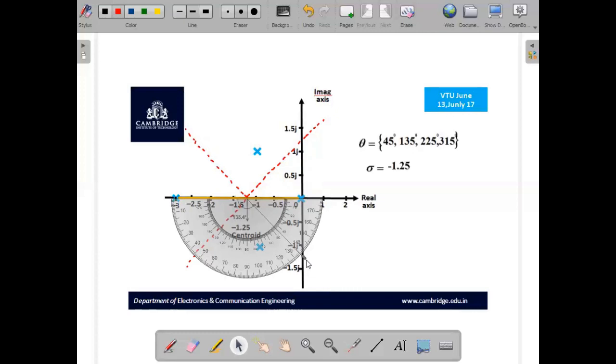This is 315 degree exactly. Let us have the centroid as the center of the asymptotes and let us mark the fourth angle of asymptote, which is at an angle exactly at 315 degree.